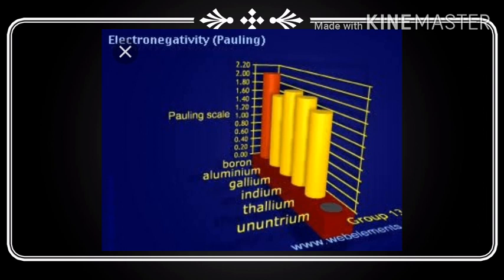And in the other groups, that is 15, 16, 17, 18, the electronegativity decreases because the atomic radius increases. So when you move down the group for 15, 16, 17, 18, electronegativity decreases as the atomic radius increases. But only for the 13th and the 14th group, the electronegativity first decreases and then increases, and then there is no appreciable change.